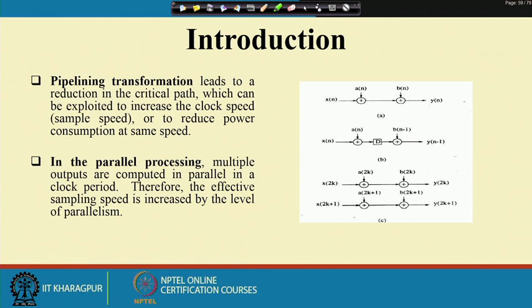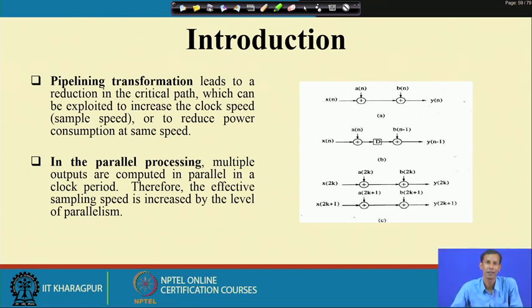In the same manner, parallel processing copies the number of processing elements, and as the processing is done in parallel, the clock period can be increased even more than with the pipelining technique.